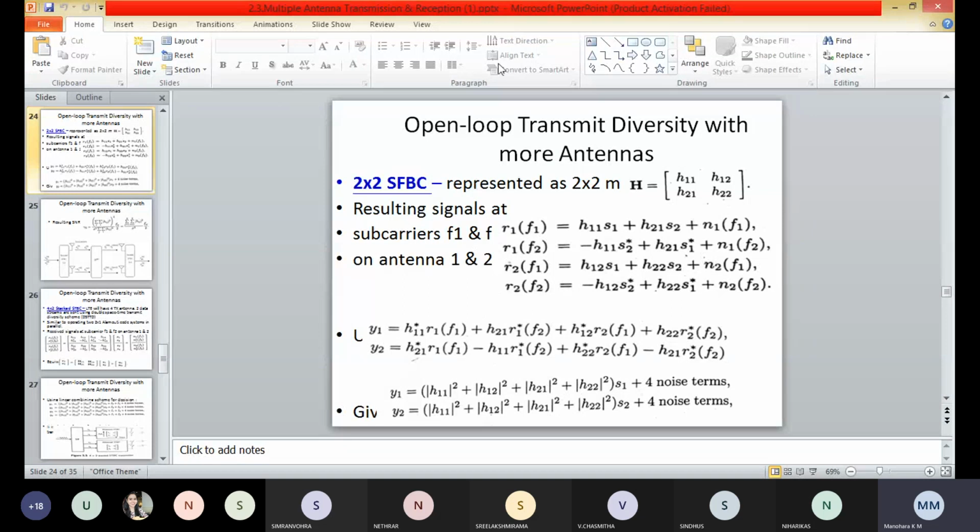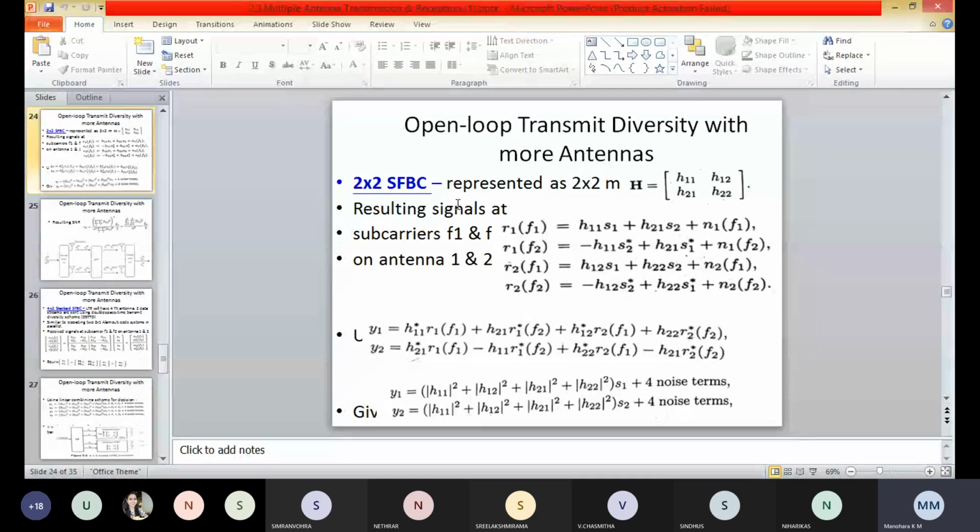The 2x2 SFBC uses the same transmit encoding scheme as the 2x1 transmit diversity.